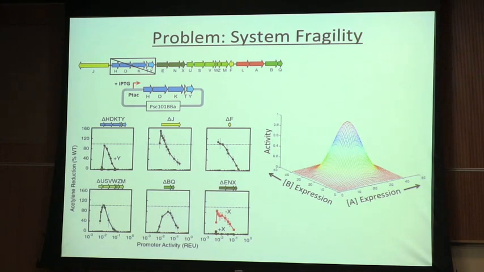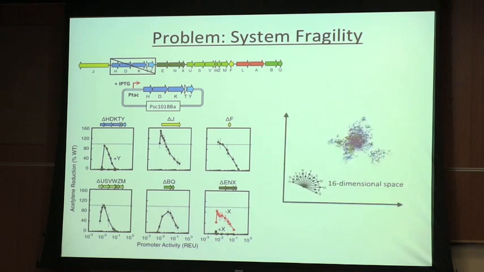So now in a system where you have 16 genes, all of which are very fragile and have to be carefully optimized, you then don't have a 2-dimensional space, you have a 16-dimensional space, which is this hard to imagine volume where somewhere in this space you've got a volume that represents all of the combinations of expression levels that are consistent with activity. And if you're outside that combination of expression levels, you then have an inactive system.